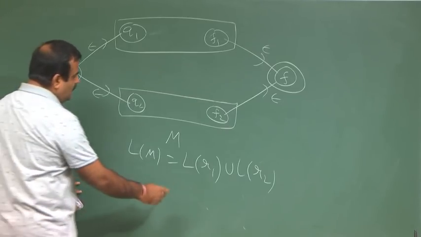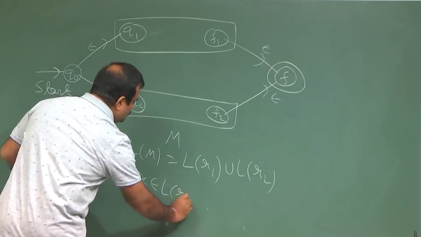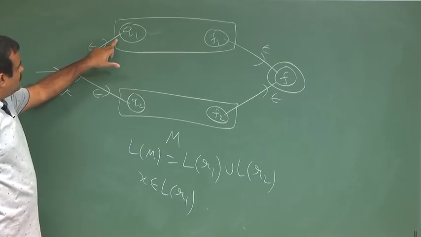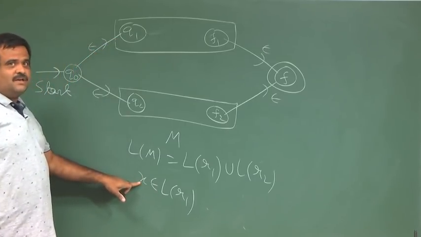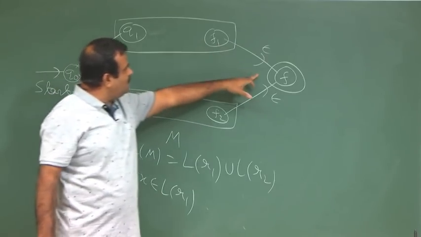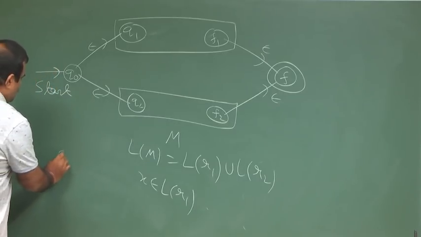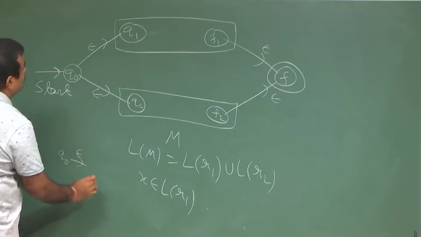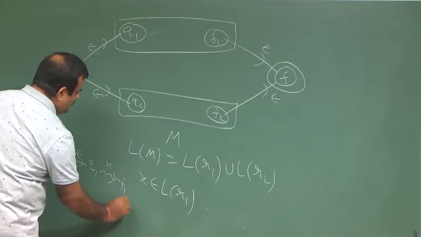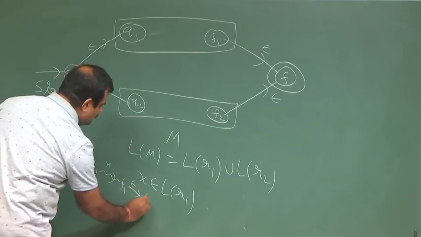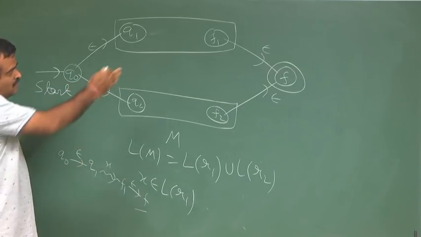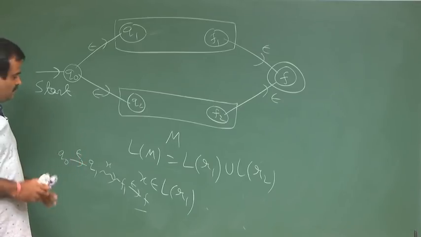If you take any x from L of R1, we first start with q0, take the epsilon move and go here, then x is an accepted string, so with x we go to f1, then from f1 with the help of an epsilon move we go to the final state f. There is only one final state; that is the part of the theorem done.